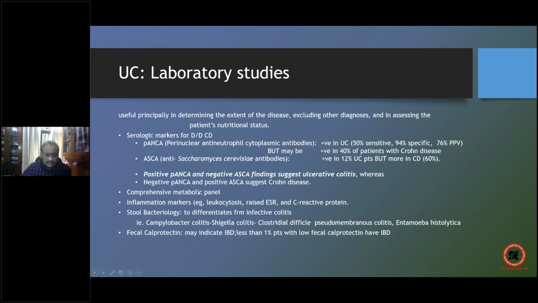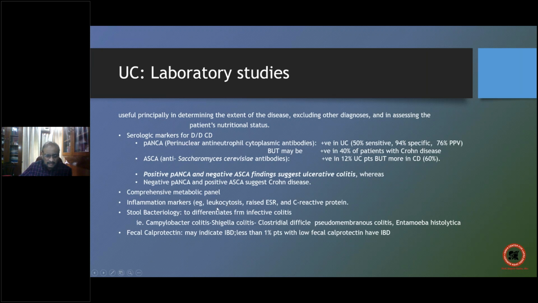Comprehensive metabolic panel, inflammation markers, especially leukocytosis, raised ESR, C-reactive protein, are all helpful, as I said earlier, in deciding about the extent of disease and the stage of disease. If you have an acute inflammatory episode, that is acute exacerbation of ulcerative colitis, these inflammatory markers again become raised.